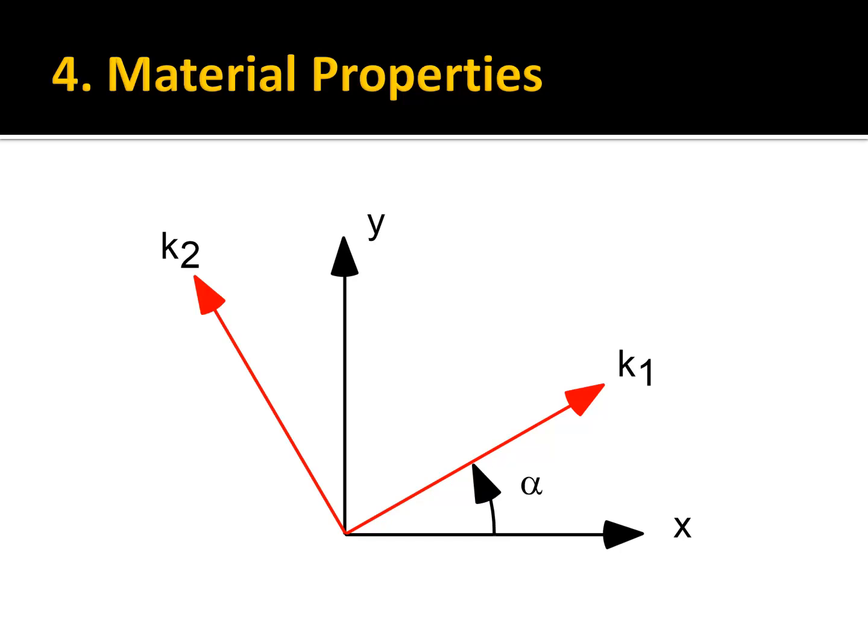Now this allows you to have an anisotropy that's based on sloping bedding planes, for example, as we talked about earlier in the semester. However, the default value for alpha is 0. And so normally K1 is equal to Kx and K2 is equal to Ky. And that's pretty much how we're going to use it this semester.